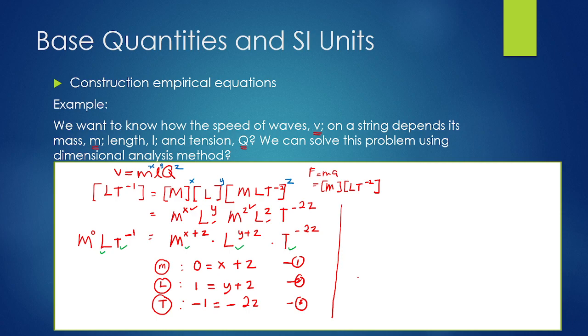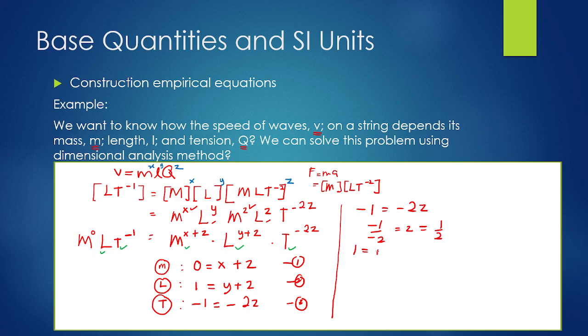I think it's easier if you do number 3, T, first. That is negative 1 equals negative 2z. So negative 1 over negative 2 equals z, so z equals 1 over 2. Then we can substitute z equals 1 over 2 in equation number 2.